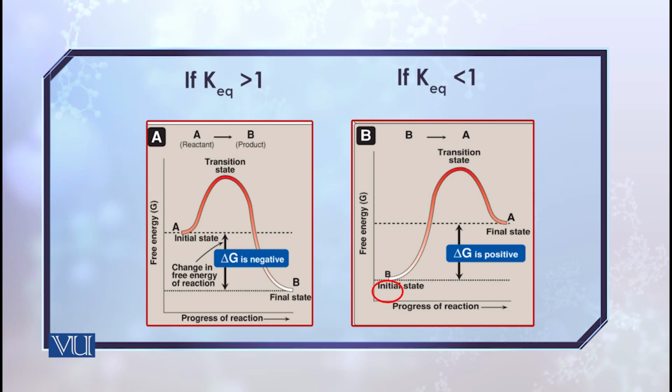You do not see the products being formed in the forward direction, but rather reactants will be formed rather than the products, because the final stage energy level is much higher than the initial stage, that is, delta G is positive, as it is shown here, and here it is negative.